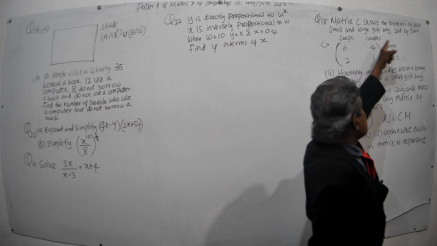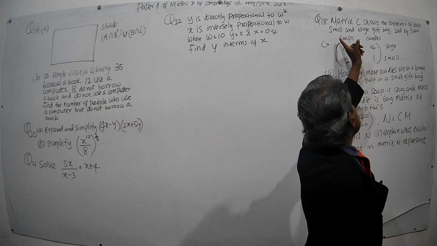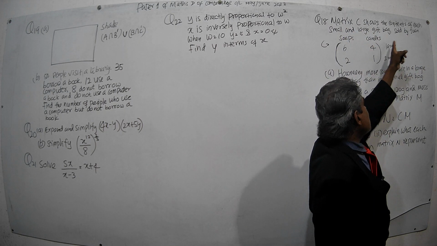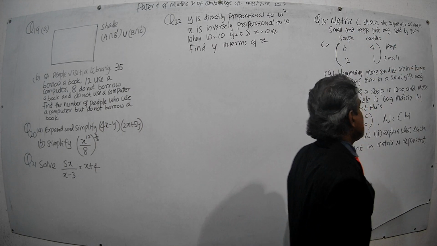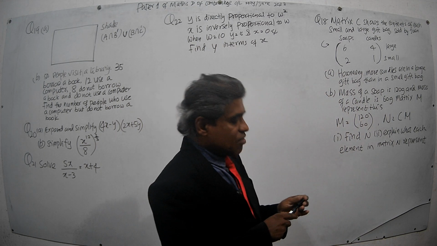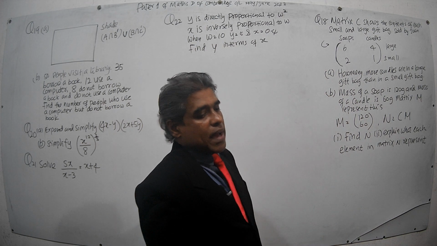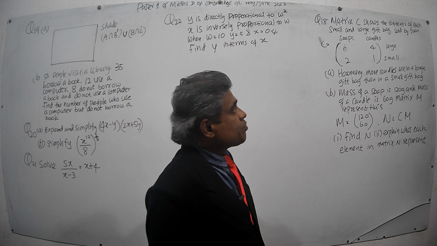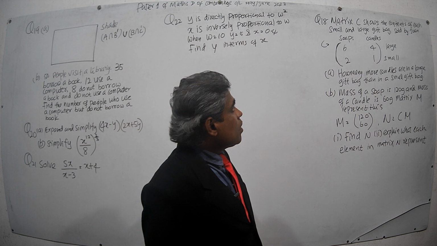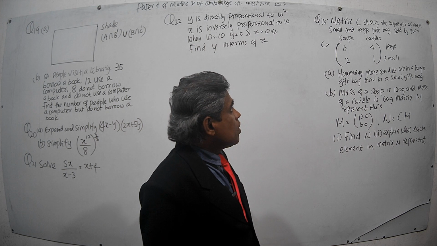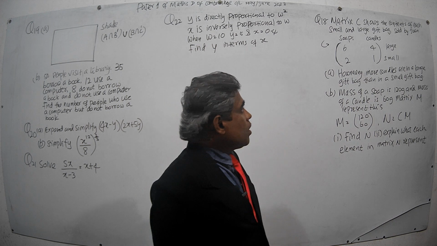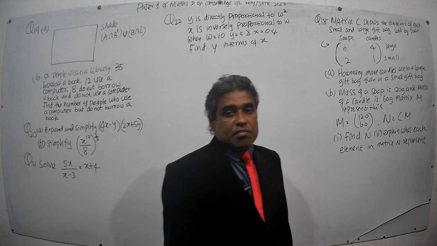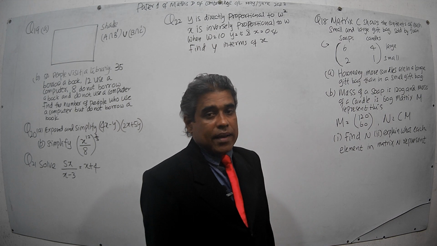Matrix C shows the contents of each small and large gift bag sold by Juan. There's a person called Juan. He sells gift bags. There are two types of gift bags: a large gift bag and a small gift bag.